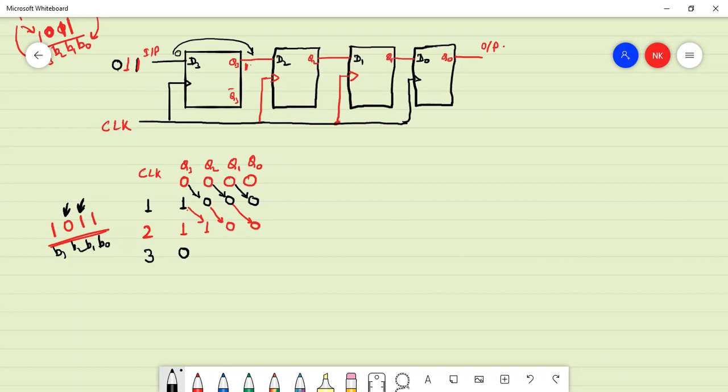And whatever the value at Q3 will come to Q2. This will come to Q1, sorry, and this will come to Q0. Now the next bit is 1, that is B3.